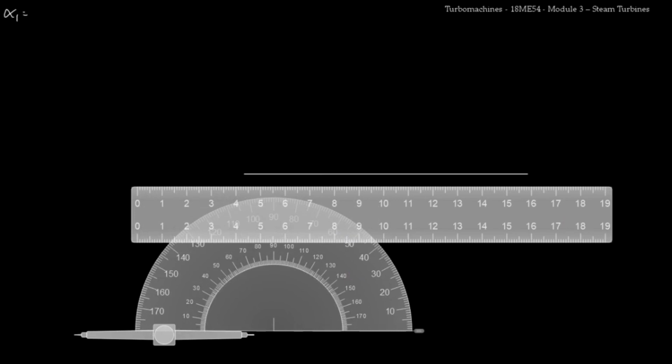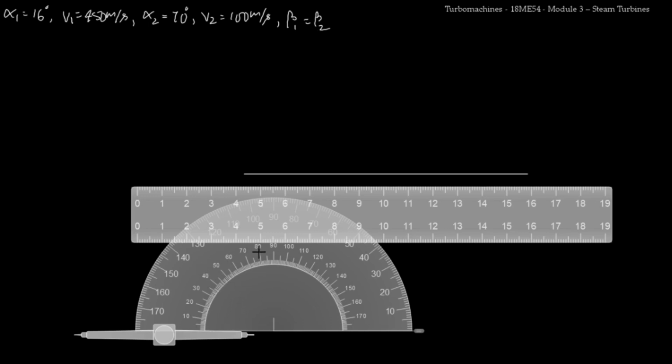So alpha 1 is given as 16 degree, V1 is 450 meter per second, alpha 2 is 70 degree, which we calculated, and V2 is given as 100 meter per second. Then beta 1 is equal to beta 2. So these are the data given in the problem.